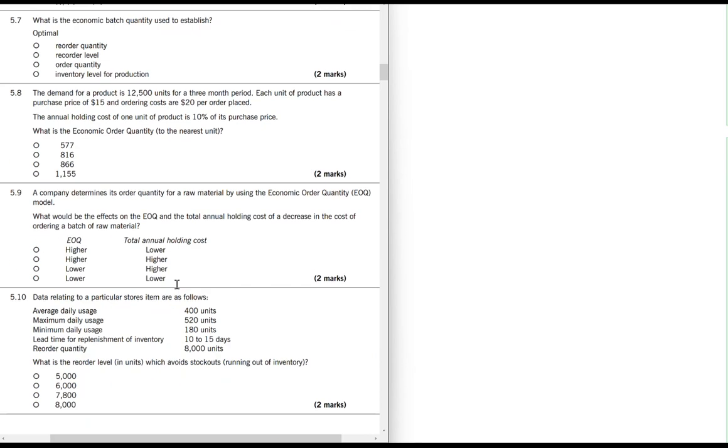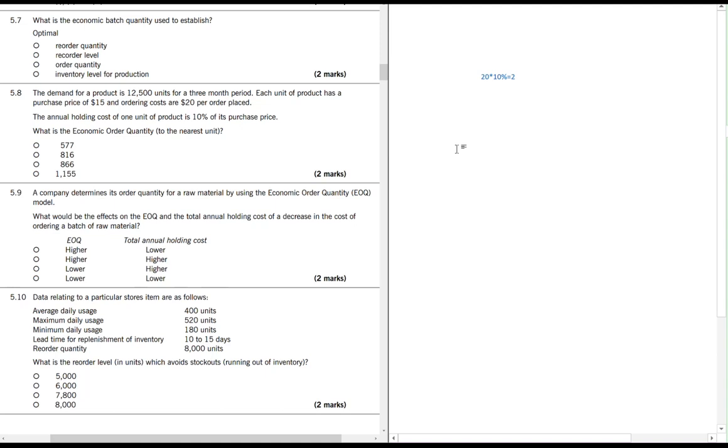What is the economic order quantity to the nearest unit? Demand for the product is 12,500 units for a 3 month period. Each unit of product has a purchase price of 15 and ordering costs are 20 per order. Annual holding cost of 1 unit of product is 10% of purchase price. So the only complication here is that holding cost is not given, but it is 10% of the purchase price.